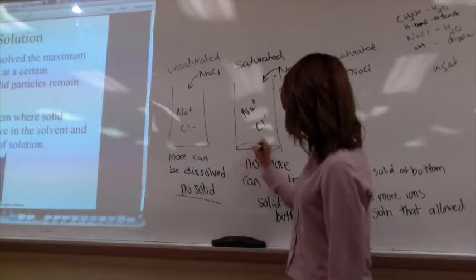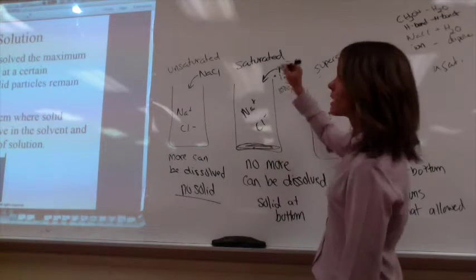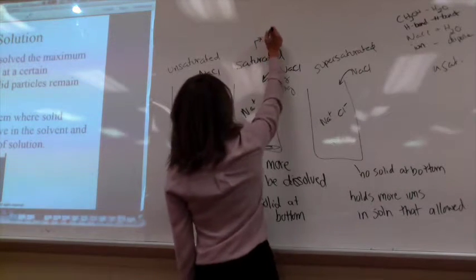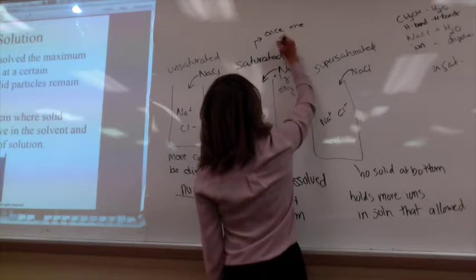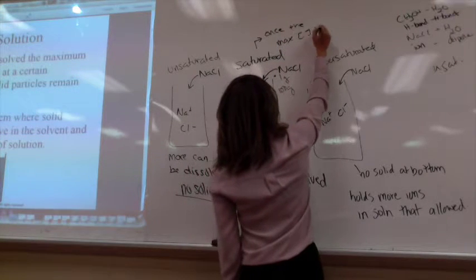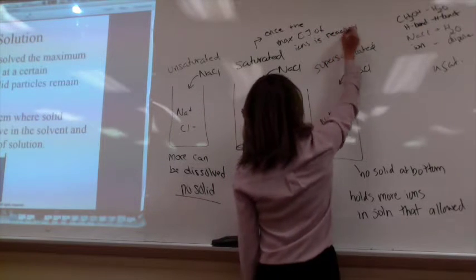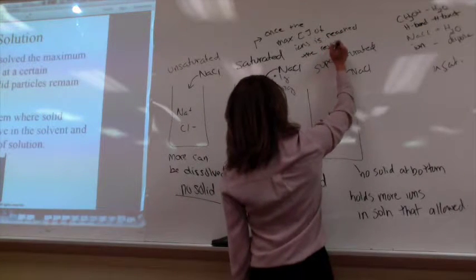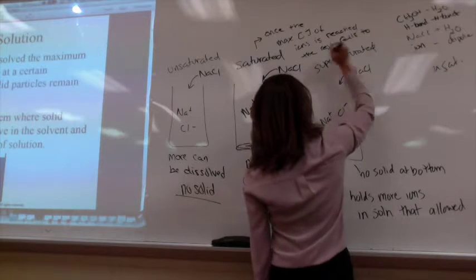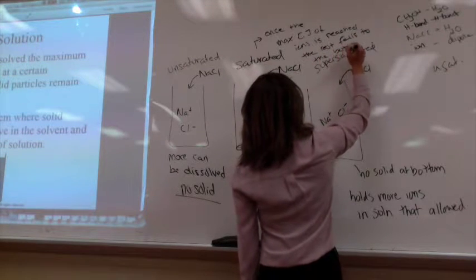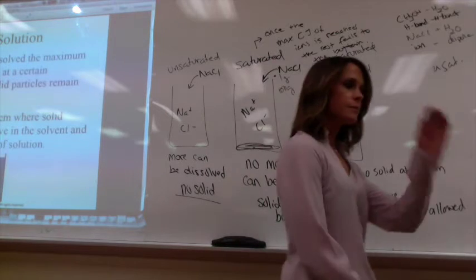So I would end up with a large amount. You need to write that down. Once the max concentration of ions is reached, the rest falls to the bottom. You know what I mean by the rest, right? The solid falls to the bottom.